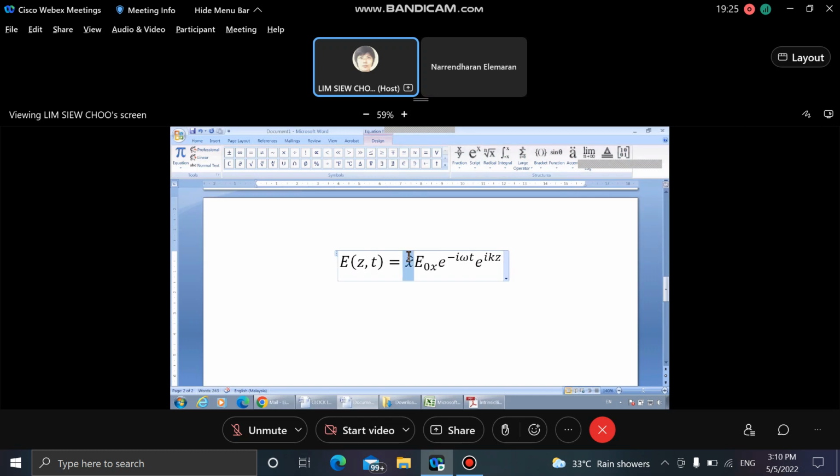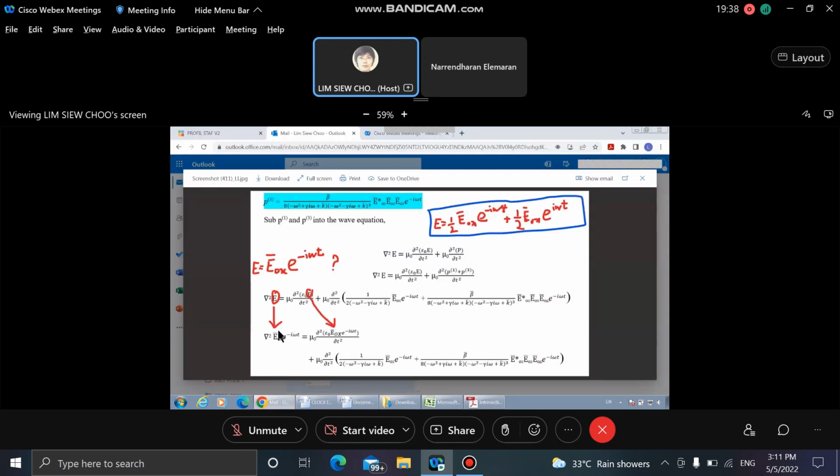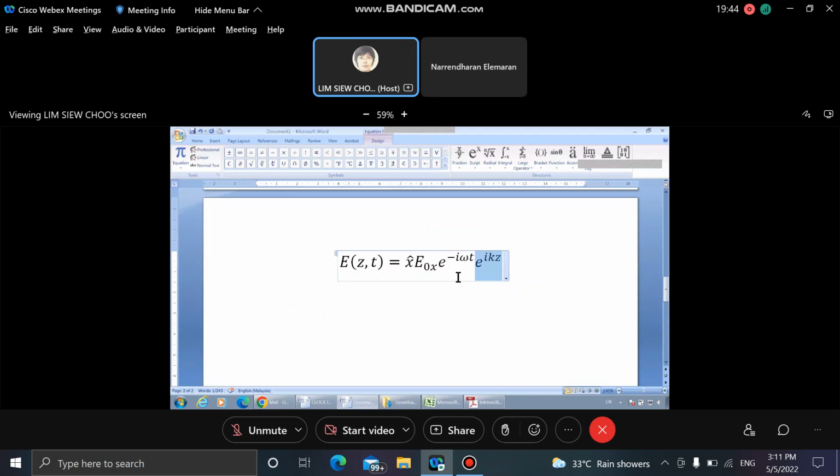So this direction is for this vector component, for this E field, but the direction of propagation is z. Okay, so if you have this, then you need not worry about this del square.